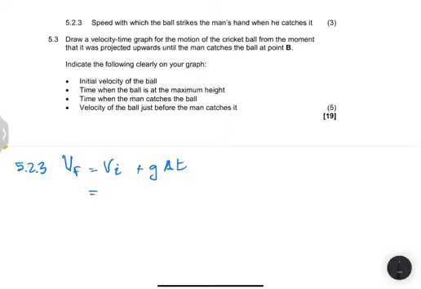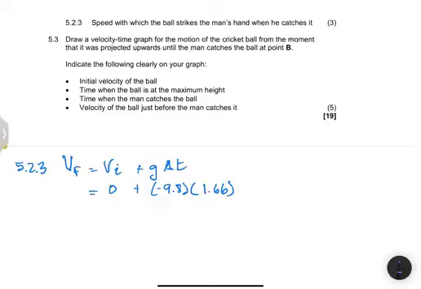Remember, I'm taking information from the top, which is point C, all the way until it gets to the man's hand. So the initial velocity was 0, and that's negative 9.8, and t in this case would have been 1.66.